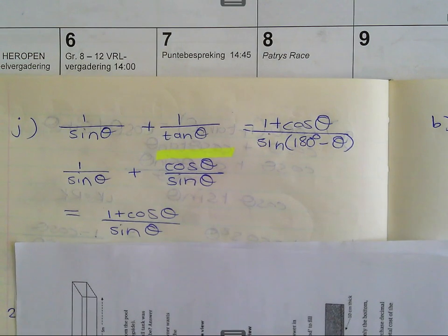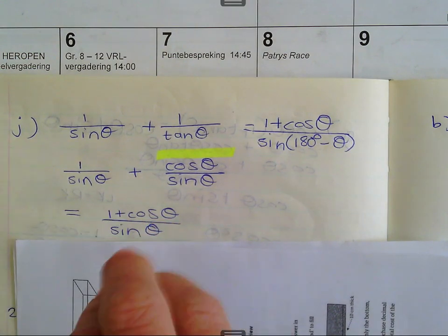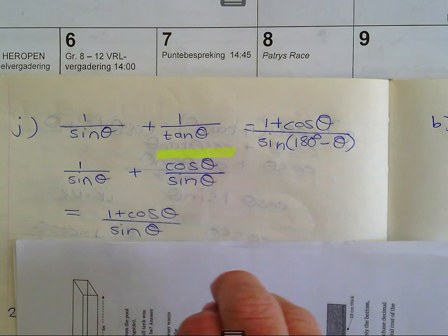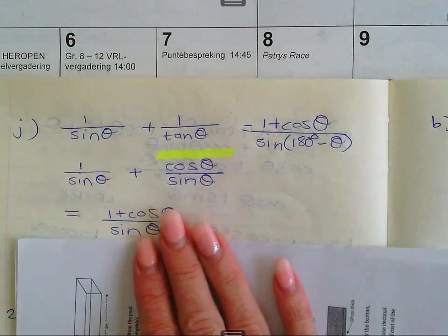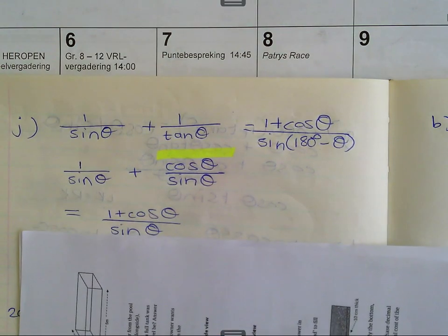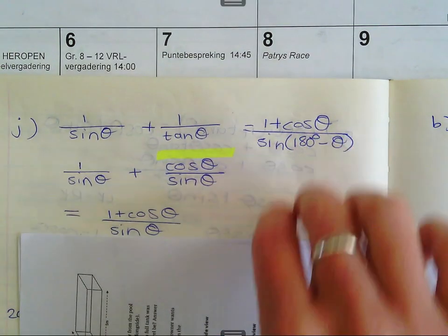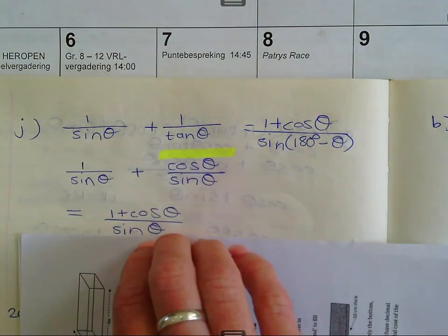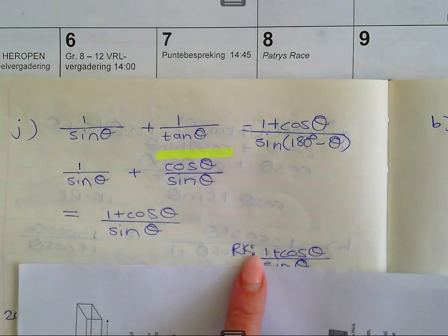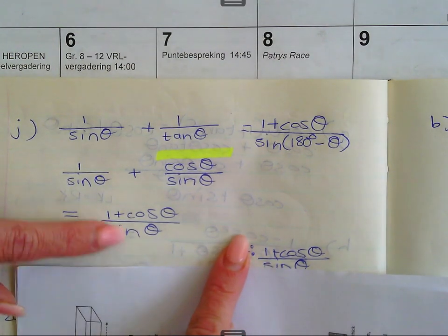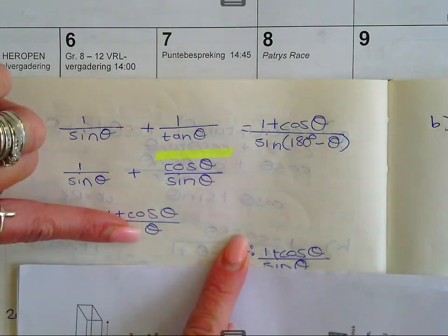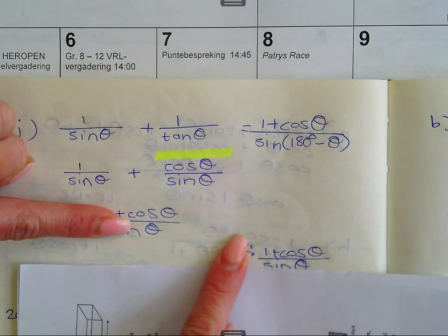Now, the reason I want you to look very carefully is if something like this happens. If you want to also work on the right-hand side, then you finish with the left-hand side, and you stop. You don't go on that side. You stop there. Then you can write right side if you want to. The right side is not necessary, but you must start where you stopped. This one.